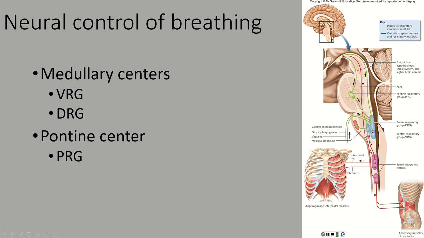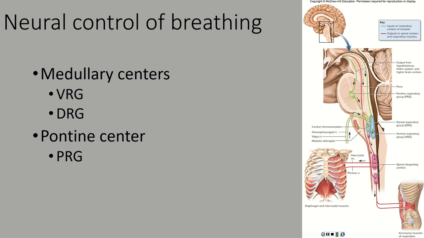The VRG, the ventral respiratory group, is responsible for setting your respiratory rhythm. It sets your respiration rate. And it does that by initiating inspiration and initiating expiration. And it does this kind of automatically.